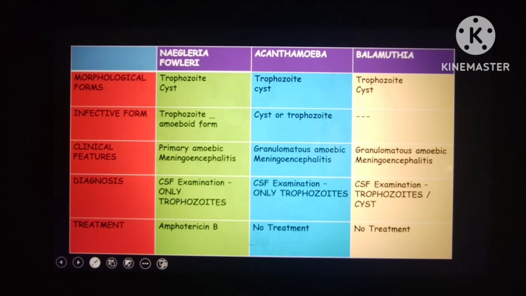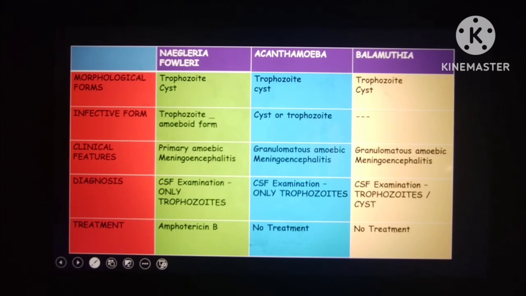The history will be given like a patient using a contact lens who developed corneal redness or conjunctival redness and an excessive discharge. If a contact lens user has a bacterial infection, it is usually Pseudomonas. If it is a parasite, it is Acanthamoeba. So you can close your eyes and mark it as Acanthamoeba.